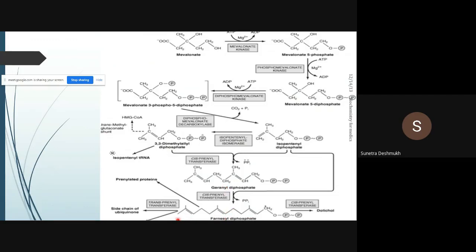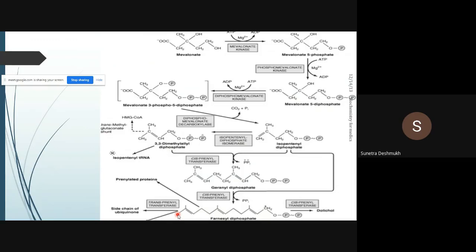So let's count the number of carbon atoms: 1, 2, 3, 4, 5, 6, 7, 8, 9, 10, 11, 12, 13, 14, 15.